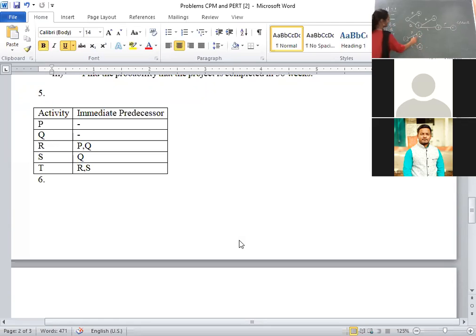P and Q are completed, then only R. Q is completed, then S. R and S are completed, then T. This is also correct. How can we know which one to draw in the final examination? Both you are saying correct.